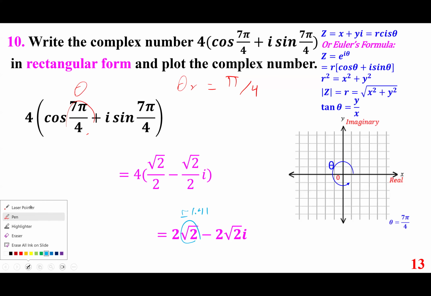So 2.8 to the right and 2.8 down, roughly. Okay, so that's what we get, and hopefully everybody is okay with that. So that's pretty straightforward.